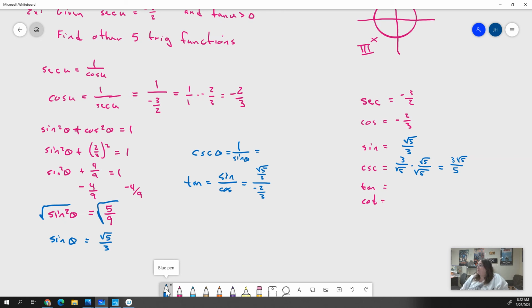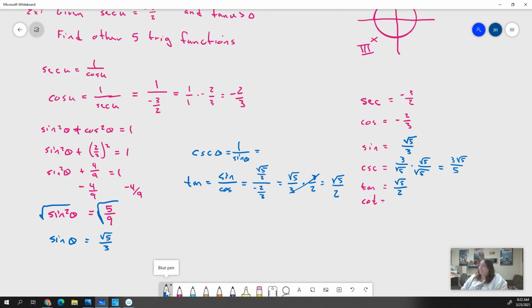And so we're just going to go, okay, well, we've got our tangent. So we've got radical 5 over 3 times the reciprocal, which is 3 halves. And I could cancel these, and I would get radical 5 over 2. And we know that cotangent is a reciprocal of tangent.